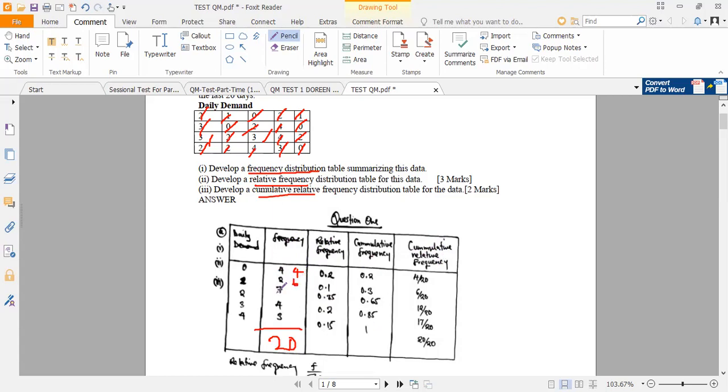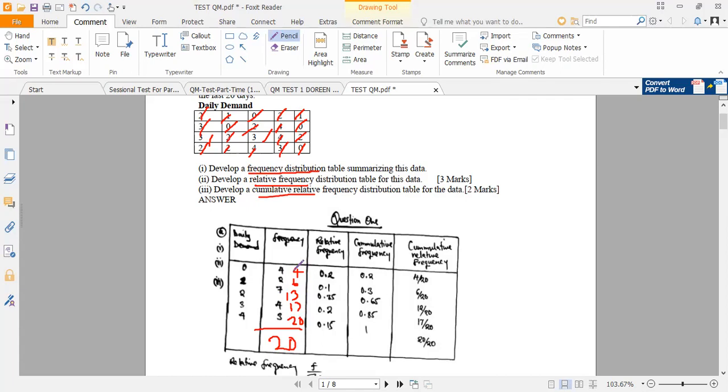Then we add 7, we get 13. We add a 4 to get 17. And to the 17, we add a 3 to get 20.